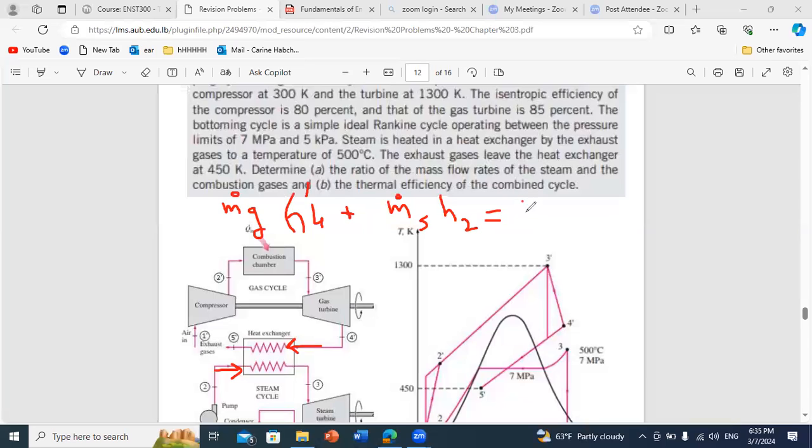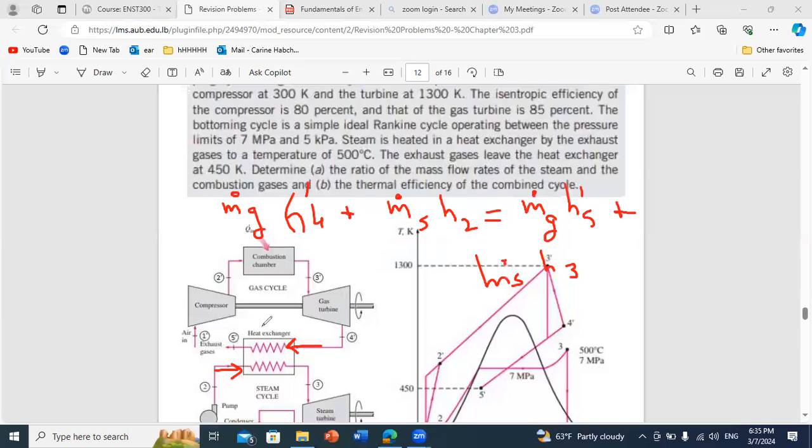So it's equal to m dot gas times h5 prime, plus m dot steam times h3. So this is what you can do, or you can write it in a different way.